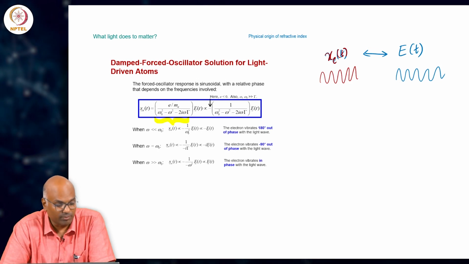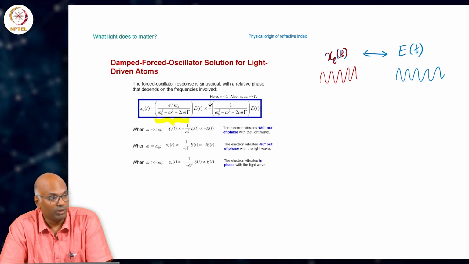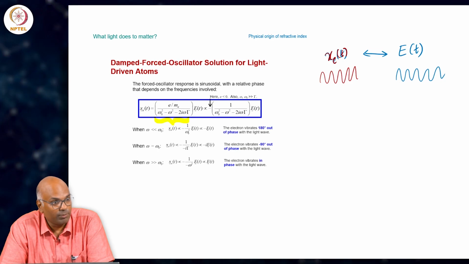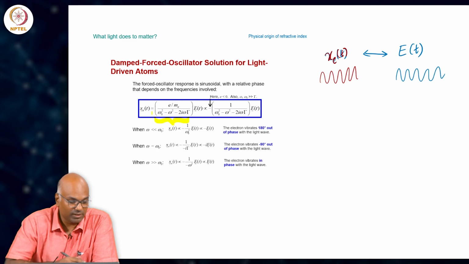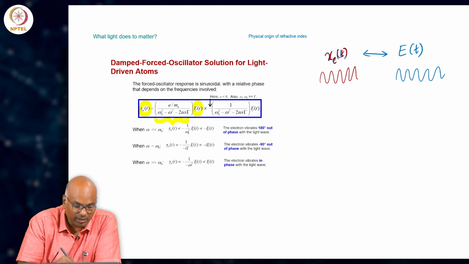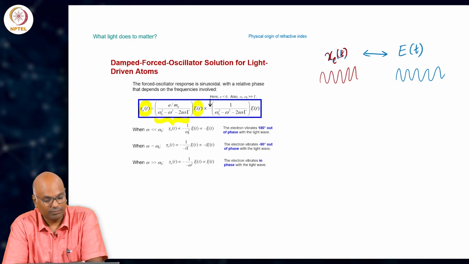It is a complex number. So, we can write this in its polar form, the amplitude times e to the power i the phase. So, since we have an e to the power i phase, x of t and E of t are out of phase.